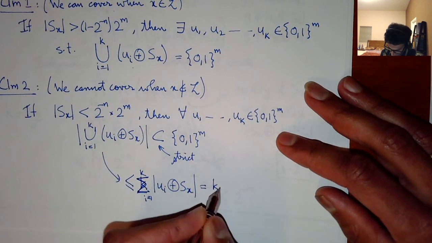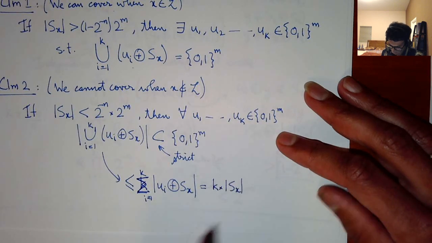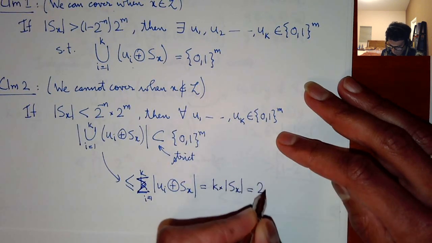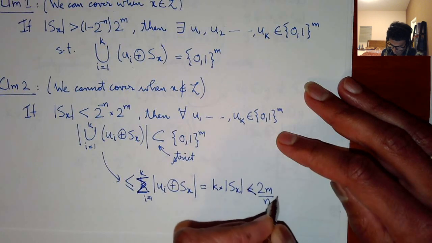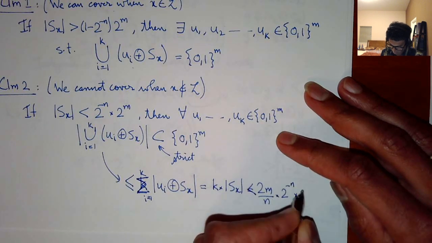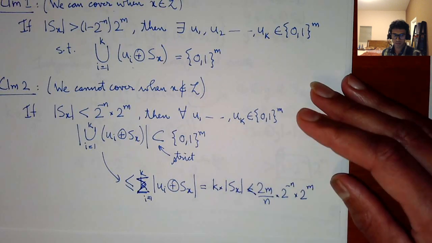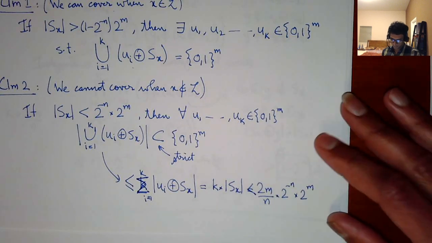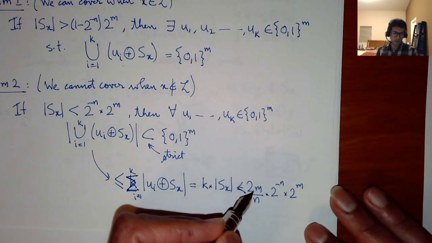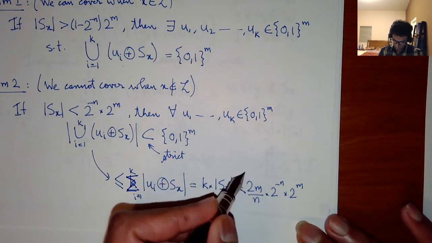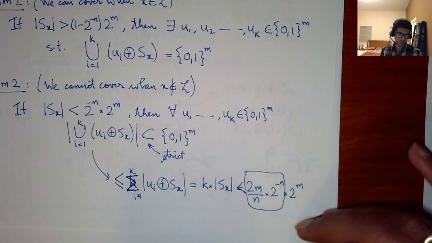So this is k times the size of S_x. So k is 2m divided by n, and S of x is at most 2 to the minus n times 2 to the m. And the point is m is just a polynomial in n. So this entire thing is smaller than 1.